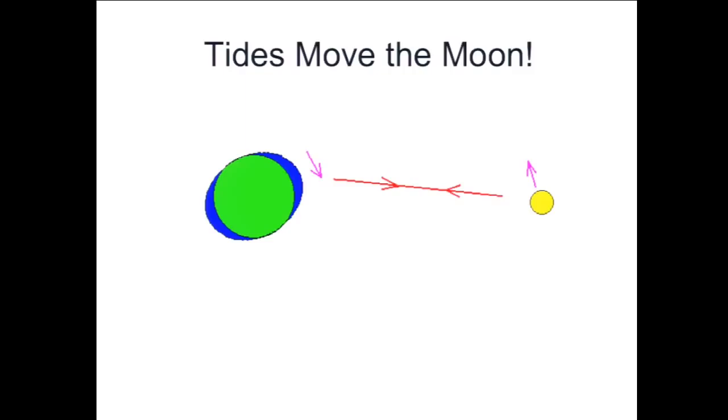If the Earth is rotating in this direction, but the gravity of the moon is pulling backwards in the opposite direction, then the moon actually causes the Earth to slow down in its rotation. So the gravity of the moon tugging on the tidal bulge of the Earth causes the rotation of the Earth to slow down.